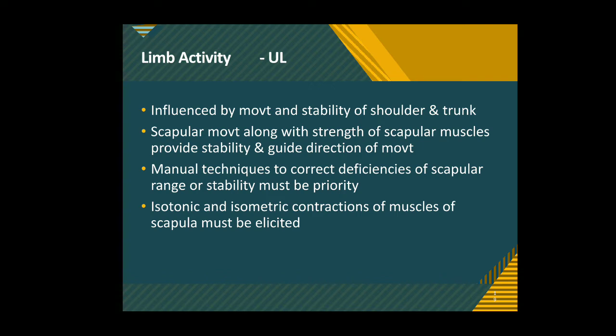We can use manual techniques to correct deficiencies of scapular range or stability, and it must be our priority to focus first on the scapula so that it provides a stable and strong base to perform the activities or actions of the upper extremity.